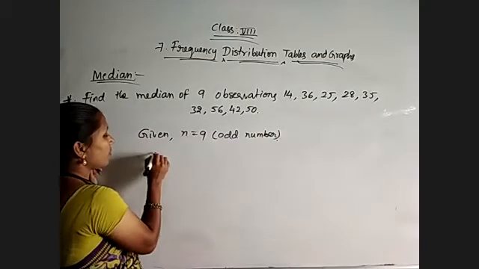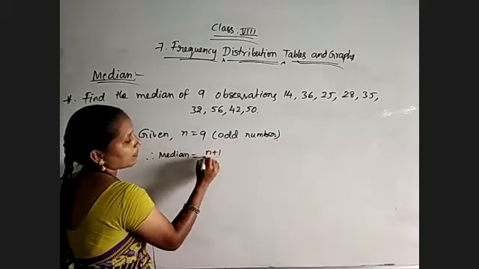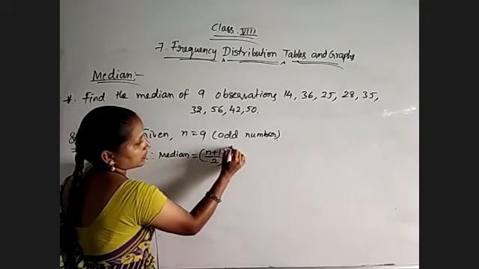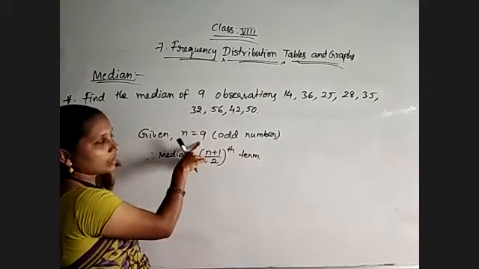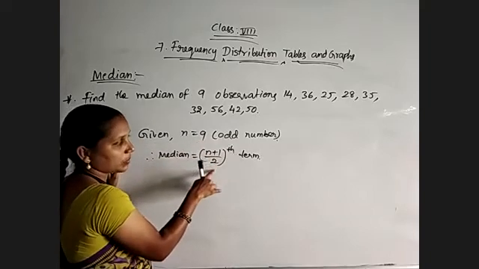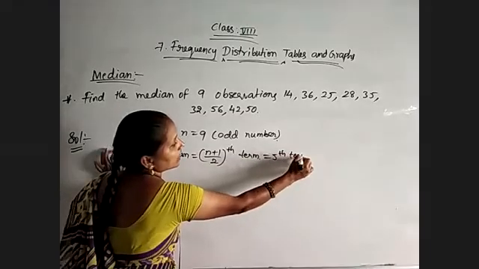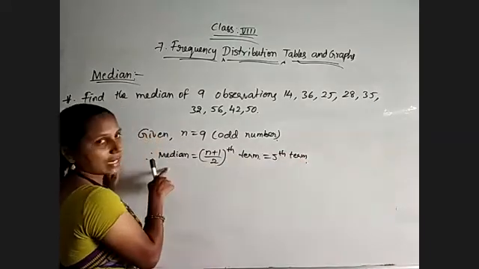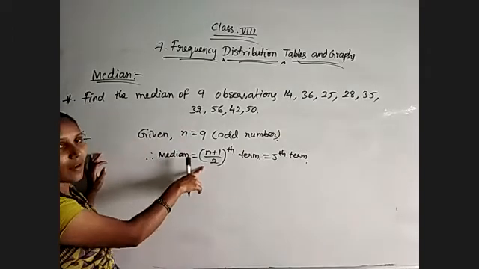So therefore, median is equal to the n plus 1 by 2th term. Why? Because n plus 1 means 9 plus 1, 10. 10 by 2 is the 5th term. So the 5th observation of the given data will become the median of the data. Actually, this is a formula.